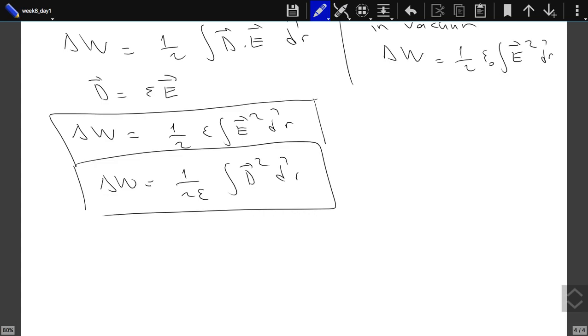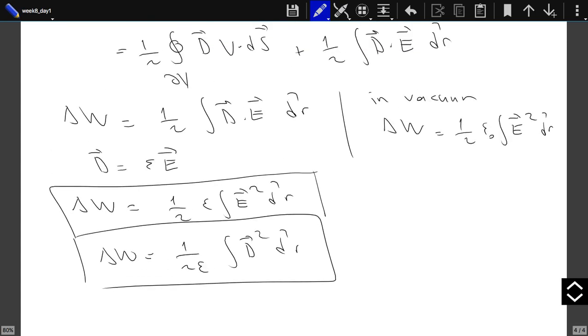Now, before you go for a break, we had obtained this relation already. And we said that whatever charge distribution you have, independent of your charge distribution or where your charges are, this is the total energy stored in your system, always.